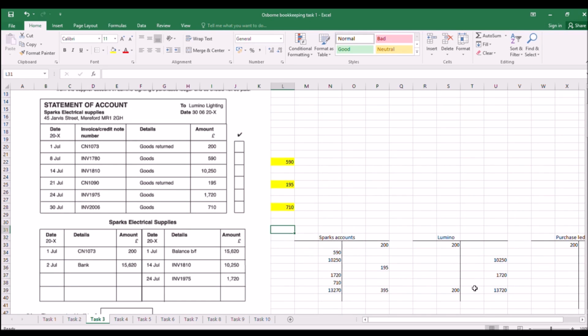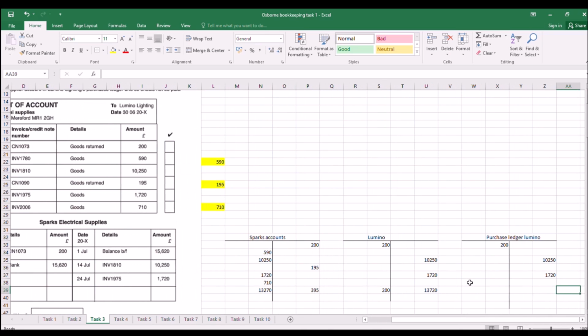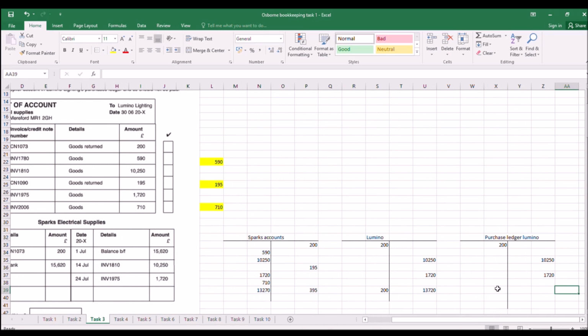Let's now have a look at what it would be in Sparks's one here. So in Sparks's one then, so Lumino's one, what we've actually got is a credit of 11970 and a debit of 200.